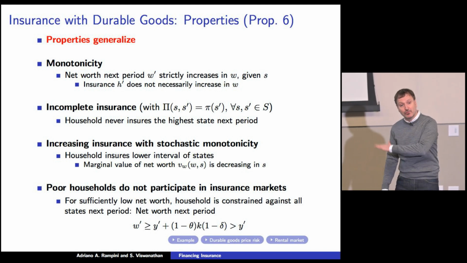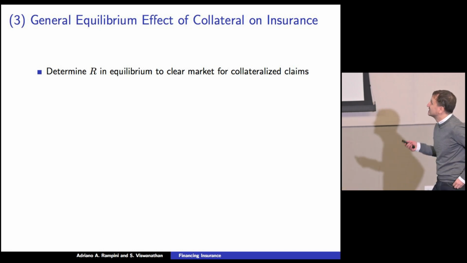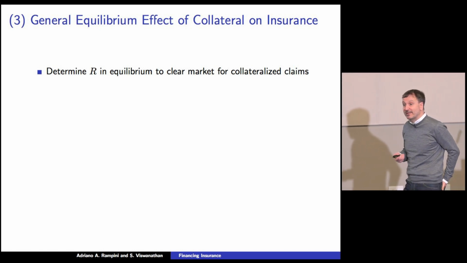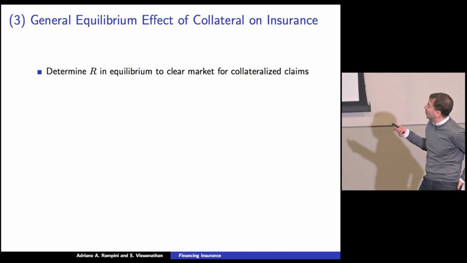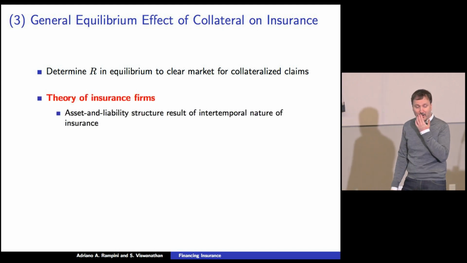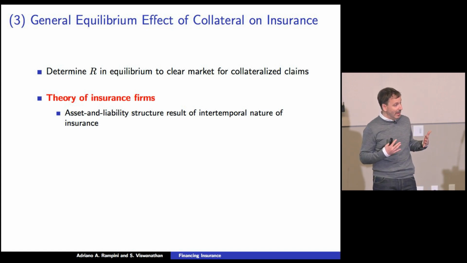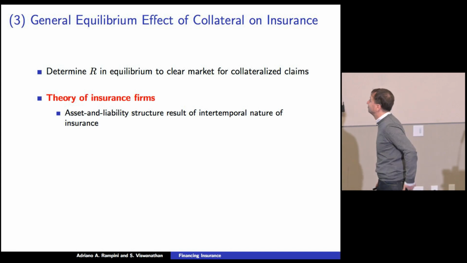But what I want to use this environment for now is to think about general equilibrium. General equilibrium will be about determining the interest rate R in equilibrium, which so far I've taken as given. I'm going to determine it to clear the market for collateralized claims. One of the side products of this will be a theory of the insurance company, in particular the insurance company's balance sheet.